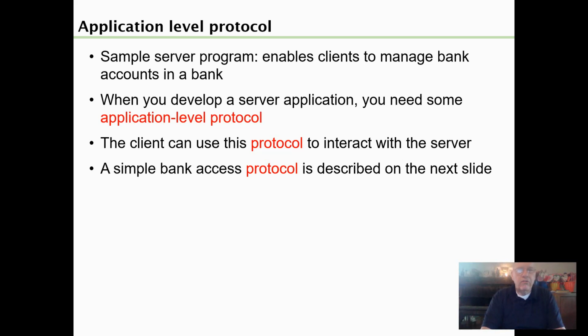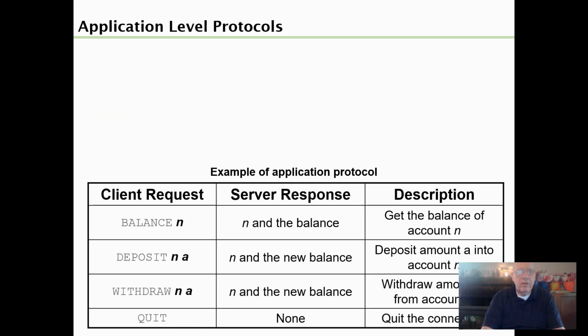So we're going to look at a sample server program and a client program which enables clients to manage bank accounts. There's a server application and a client application, and they need to share an application level protocol. So we're talking about a simple bank access protocol that's described.